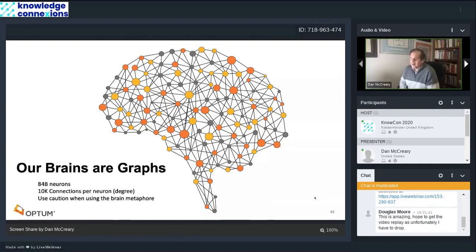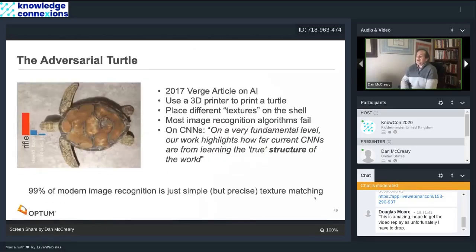So we want you to be very cautious about using these metaphors because the brain structure is in fact very different.